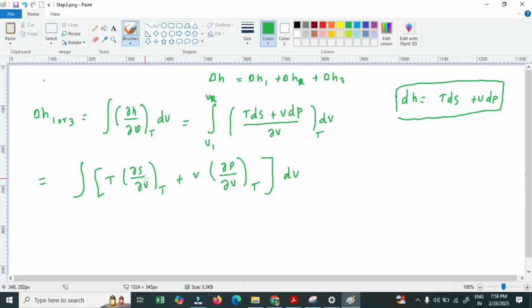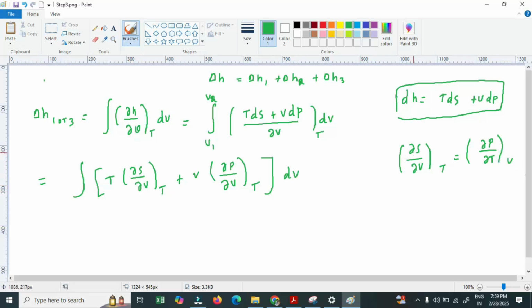For that, I'm going to use the Maxwell relationship. The derivation for this also I'll be sharing in the description box. You can refer to that video. Dou S by dou V at constant temperature is equal to dou P by dou T at constant volume. Now I'll be replacing this also in terms of the measurable property.